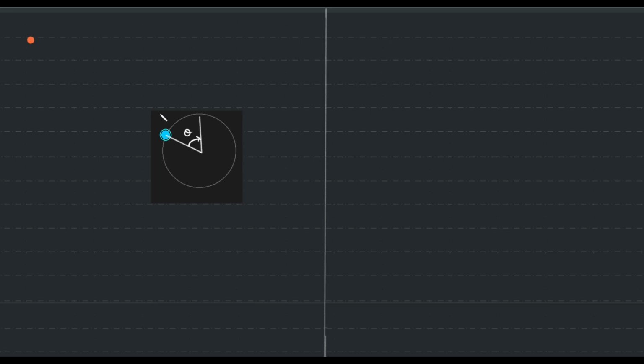That's your omega. And then you have your tangential stuff, that is your linear velocity, and pulling it inward.